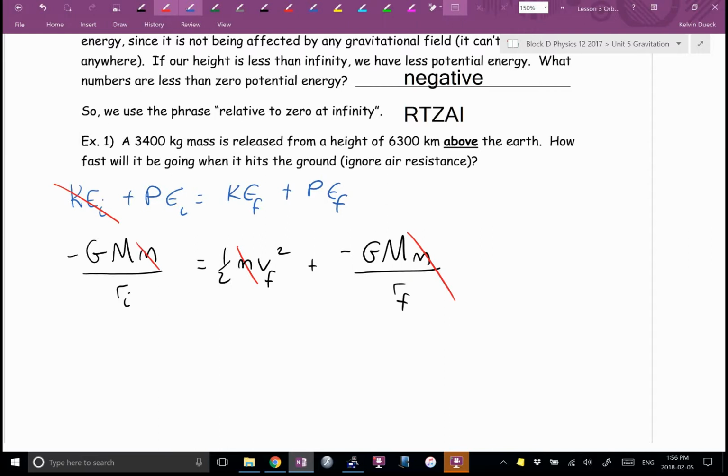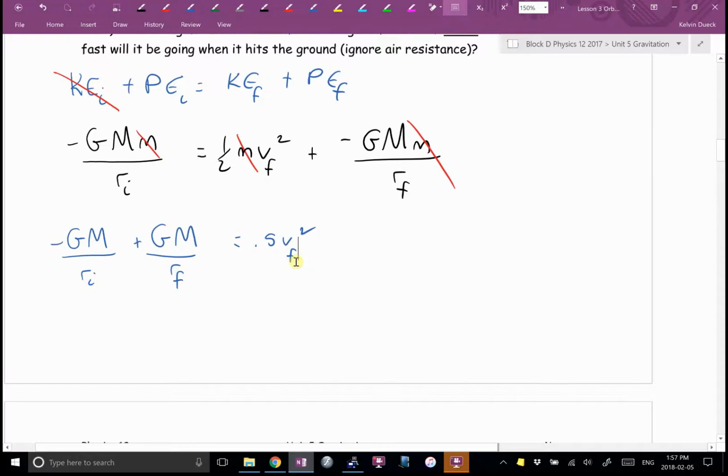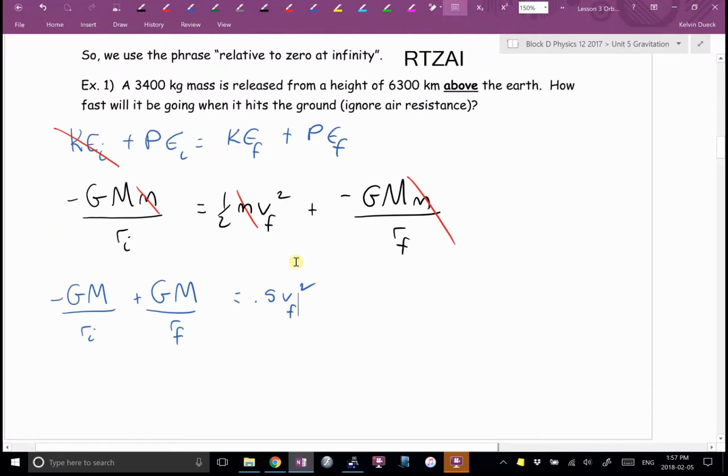So the negative big G, big M over R initial drops down like a domino. I'm going to plus the big G, big M over R final, and that's going to equal 0.5 VF squared. I can already see I didn't leave myself anywhere near enough room, but we'll see.